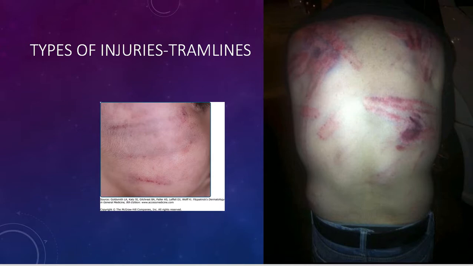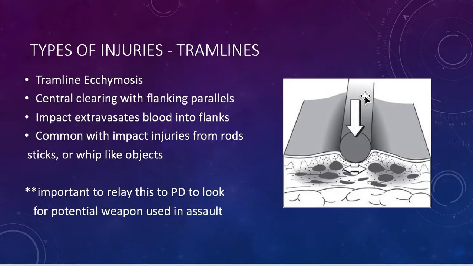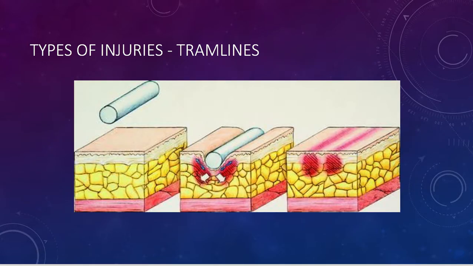These are examples of tram lines. You can see here there's central clearing, and that's the big way to differentiate it: central clearing or central sparing. Central sparing is caused by that significant impact coming down on the skin, pushing the blood and making that extravasation into the peripheral tissues surrounding it. Here's another example.